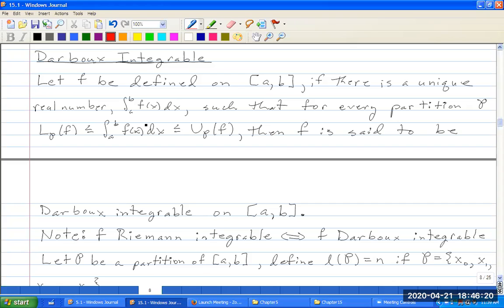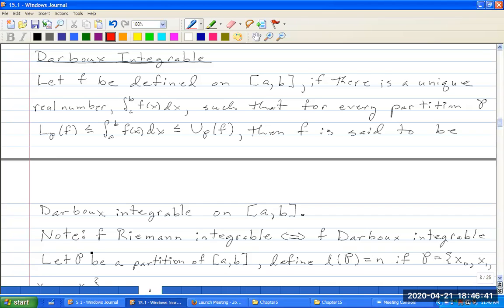It turns out that this definition of Darboux integrability is much easier to check than Riemann integrability, and it's just much easier to do proofs.